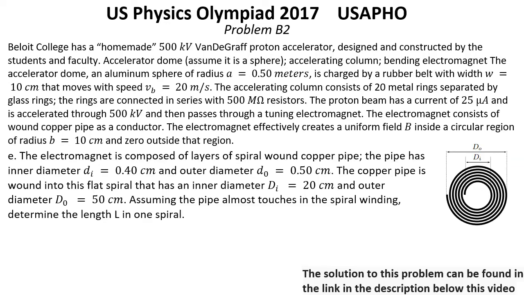Solution for question E. We can treat this question not in 3D but in 2D. We can find the area of this spiral and equate it to the area of the pipe.